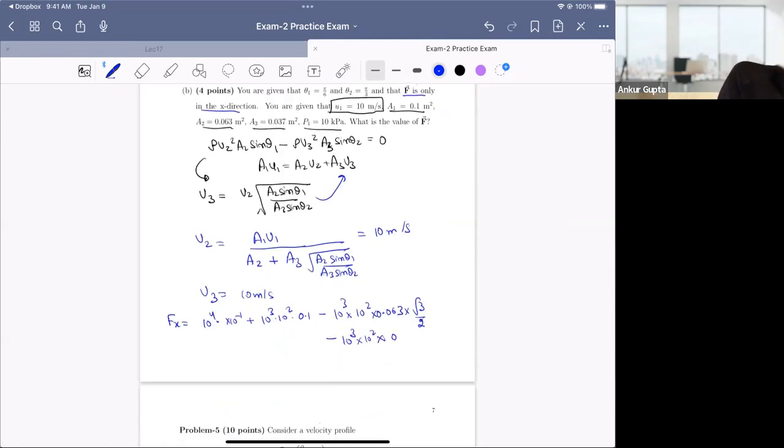So first, let me get the area as well, 0.037 into cos of 5/6 pi into half.